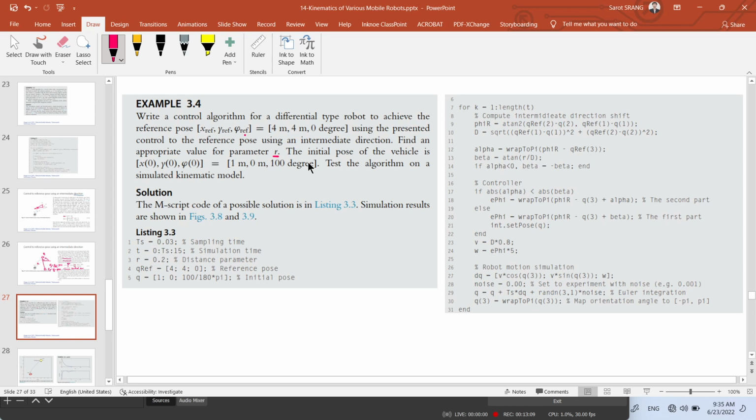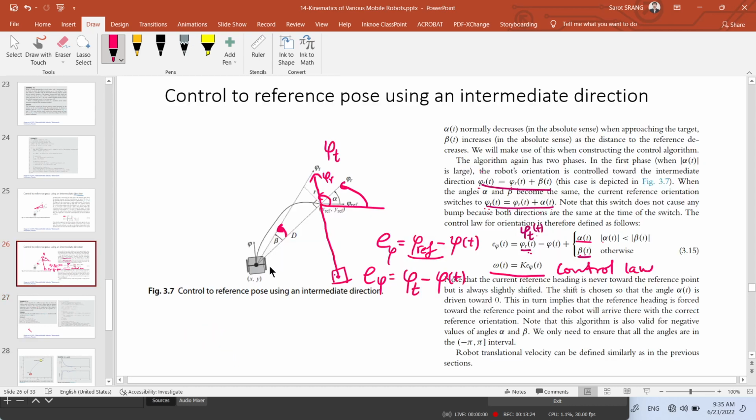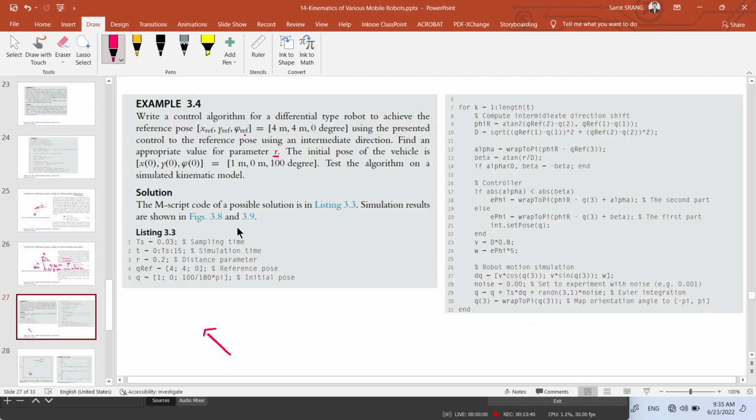The initial pose of the vehicle is 1 meter, 0, 100 degrees. So the initial orientation of the robot is more than 90 degrees, looking like this, just like in this picture: 90 degrees plus 10 is 100 degrees. And the goal reference is 0 degrees here.